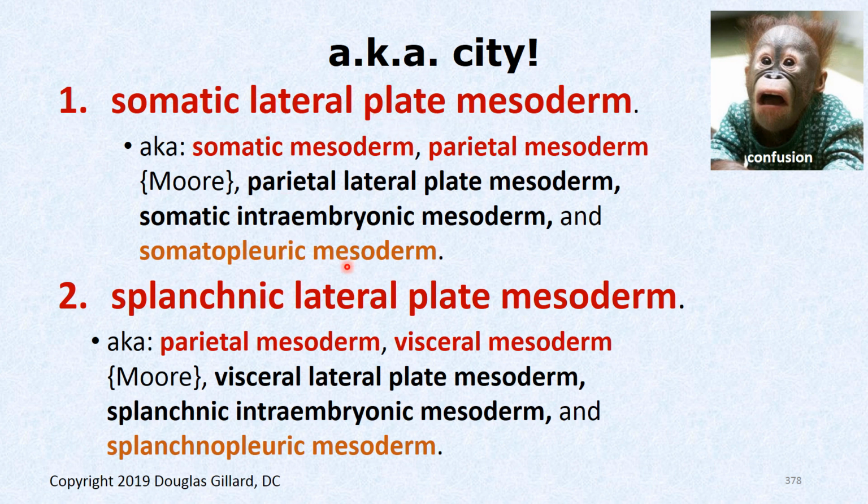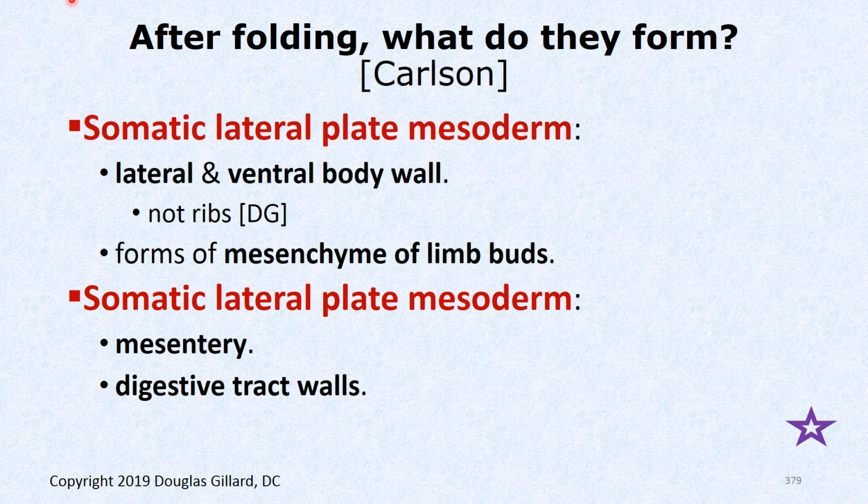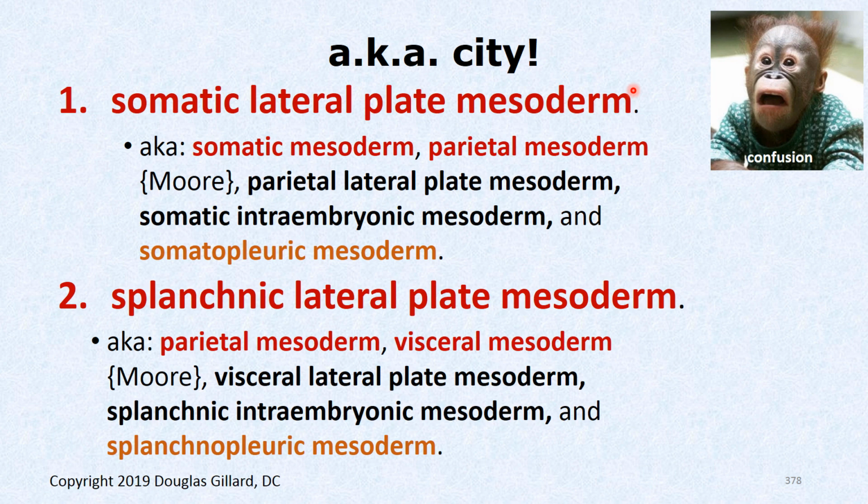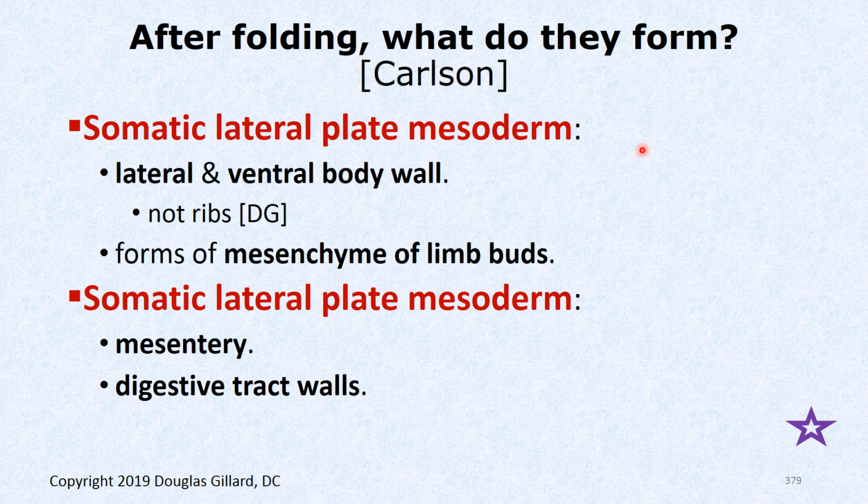So I'm trying, these videos are geared for chiropractors, more chiropractic students, with regard to these a.k.a.s, to prepare them for boards. After folding, what do they form? So who cares about these dumb things? Who cares about these? Well, they form stuff, so they're important for folding.